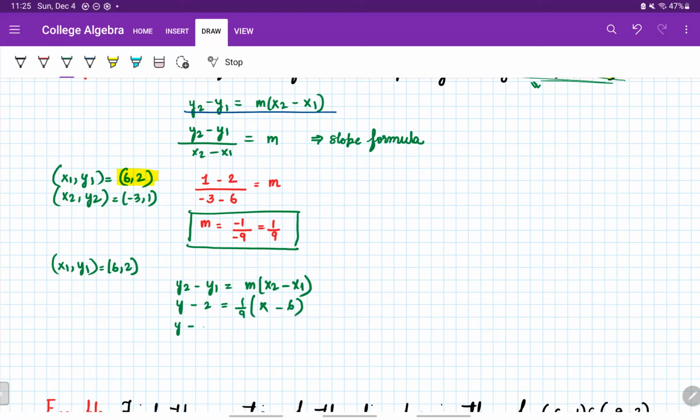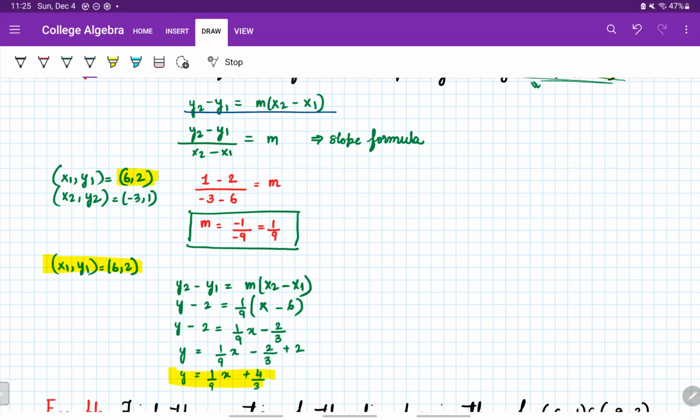So you get y minus 2 equals 1 by 9x minus 2 by 3. Get y equals 1 by 9x minus 2 by 3 plus 2. Get y equals 1 by 9x plus 4 by 3. That is your equation when you choose your point as 6, 2.